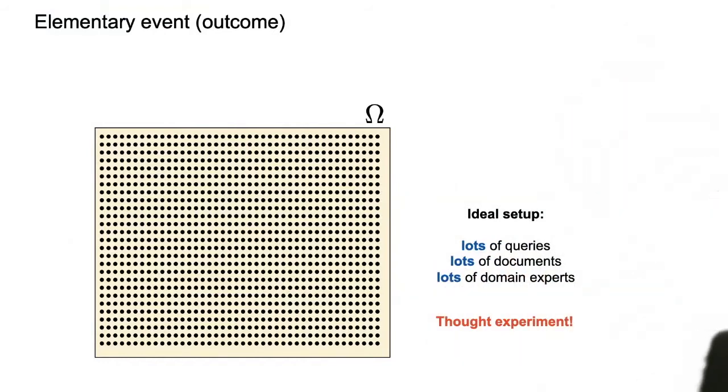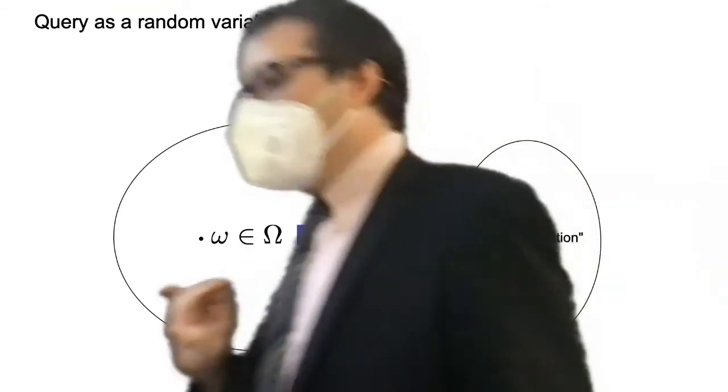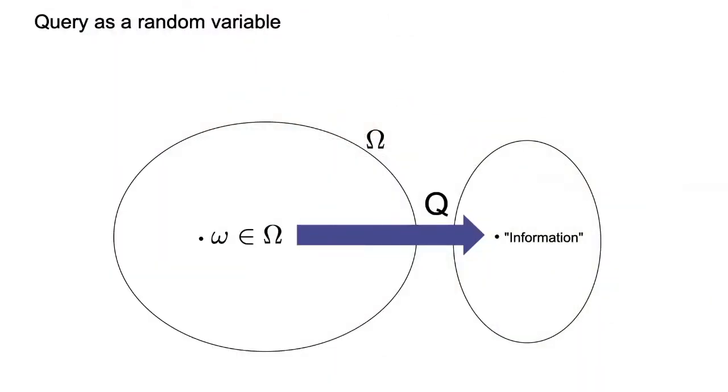Okay, so let's imagine we have these quintillions of people. Okay, so what did I mean when I said for each elementary event, I have one specific document, one specific query, and one specific relevance flag? Well, even though I didn't yet call it that way, we actually defined the random variable. Because what we are saying is that this elementary event maybe was associated with the query information.